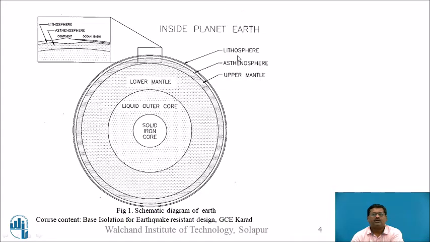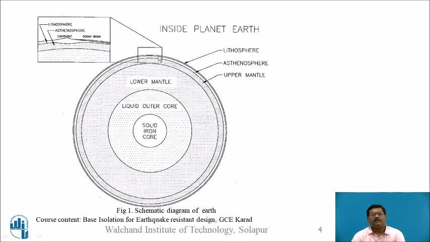These are purely geological terms, and this section is also magnified. So what is lithosphere, what is asthenosphere, and even what is ocean basin, each and everything is shown here. Even continent, all these terms are explained here.